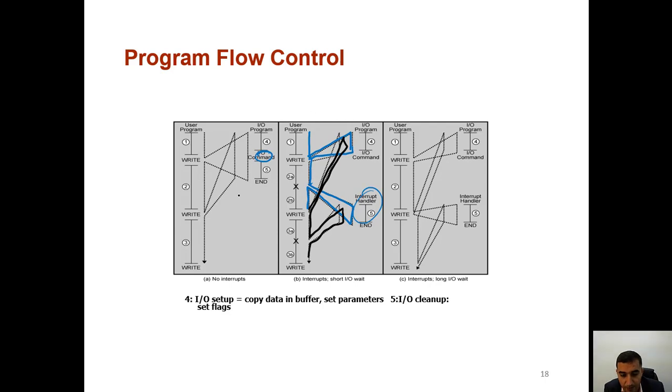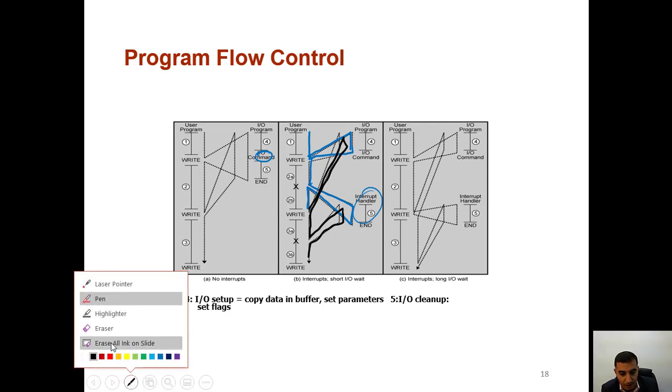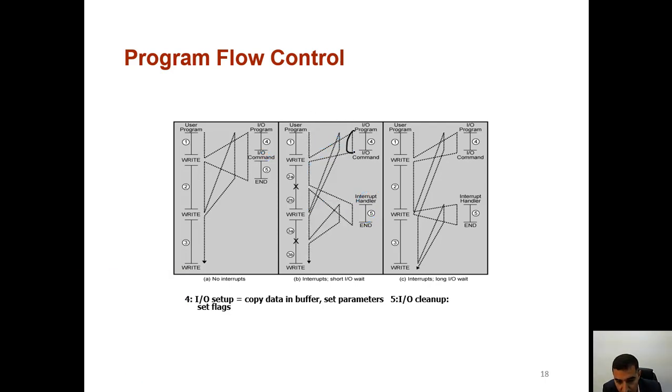The time here, which is this one plus this one, is the same as the time from here to here, but what we saved is the time of waiting between 4 and 5. This input output command waiting time we did not waste. Instead, we executed part 2A over here. This makes the program much faster.